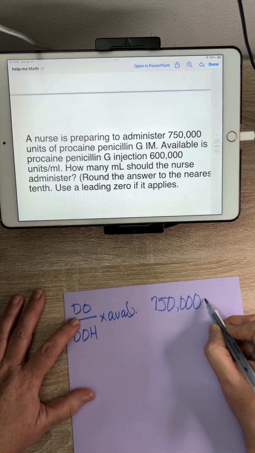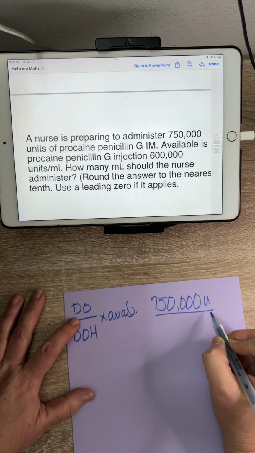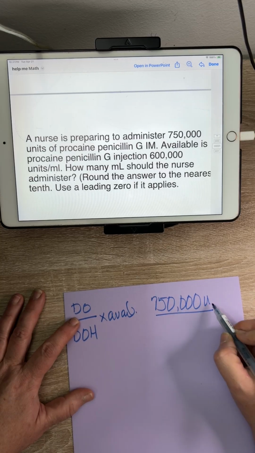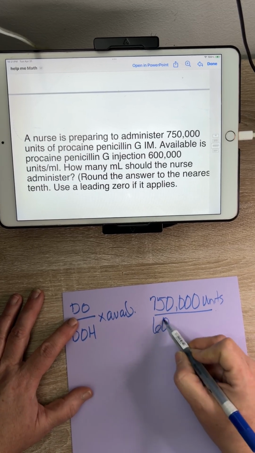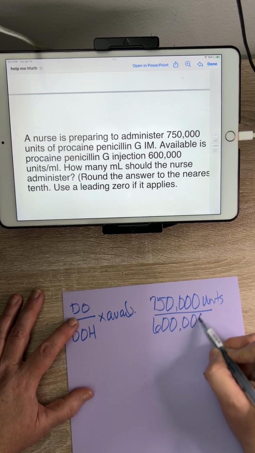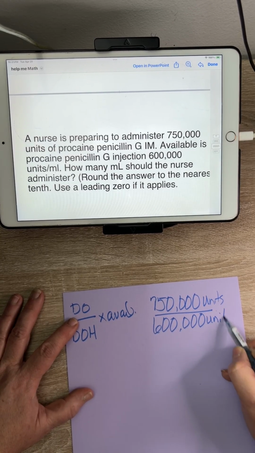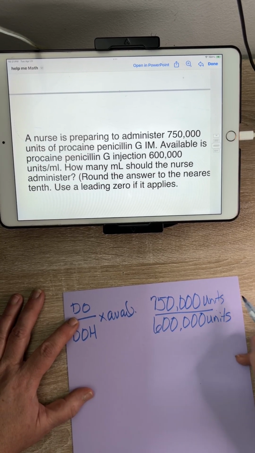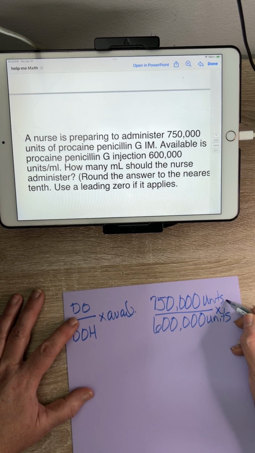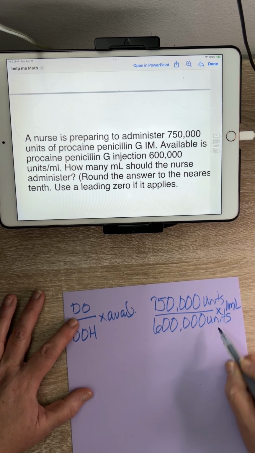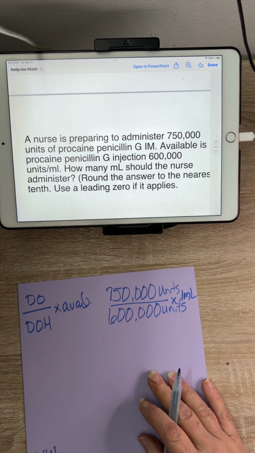So what he wants is 750,000 units. And what we have that is units, because they got to have the same last name to go in the fraction, is 600,000 units. And how does that come, that 600,000 per 1 mL? I wrote entirely too big.